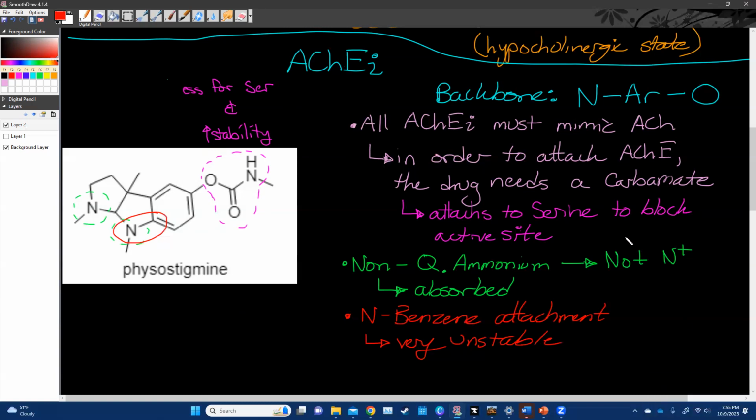It's not unstable due to metabolism. It's unstable because it causes detachment from the enzyme.